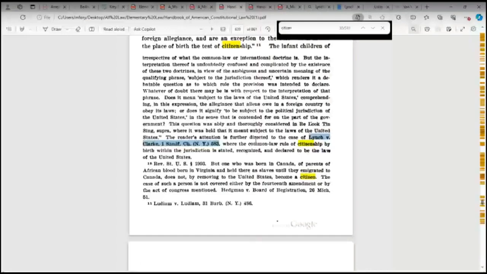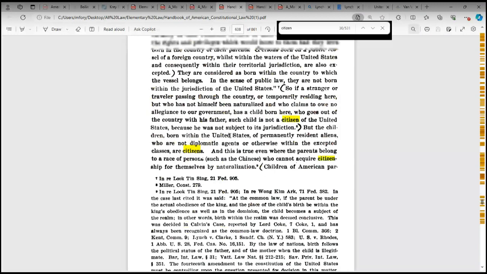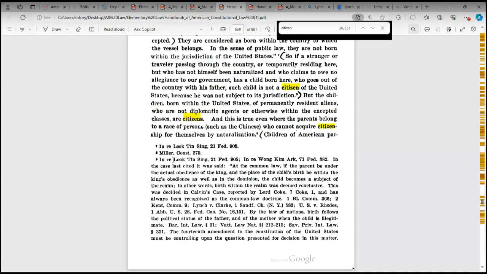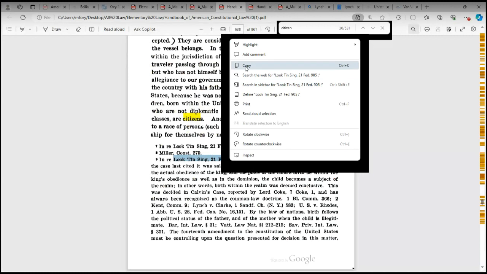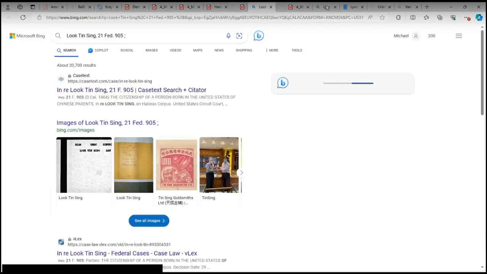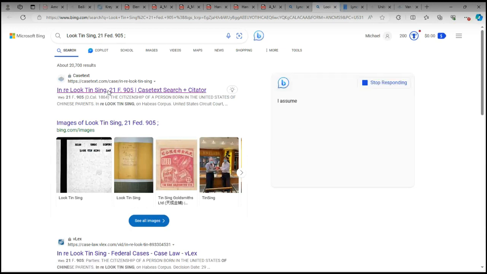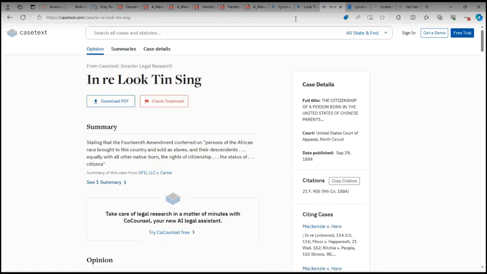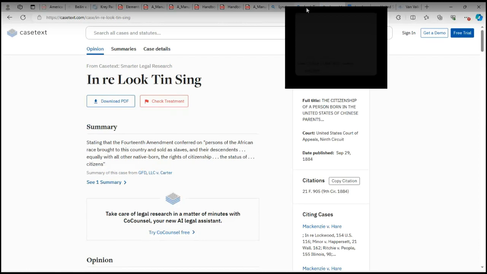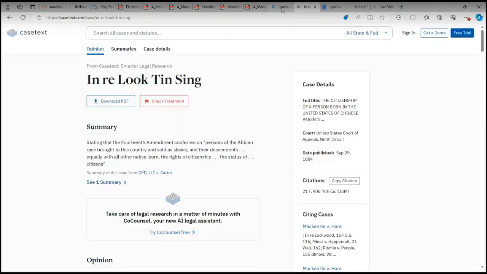And then the other one is Lupton Singh. I'll read that case. So there you go, a handful of cases that I'll be reading.